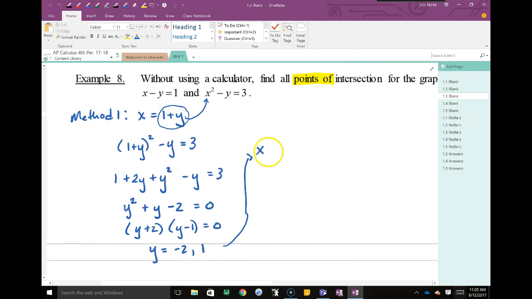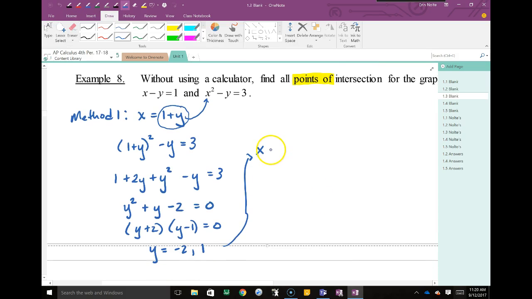So 1, and can I go ahead and say +2 so minus the y? Follow that? So I would get x being -1. And then if I plug in 1, I would have x minus 1 equals 1. So the other x value is 2.